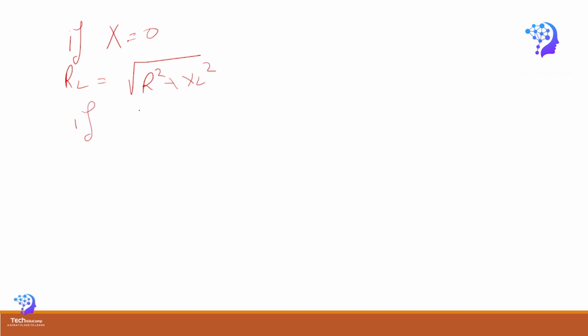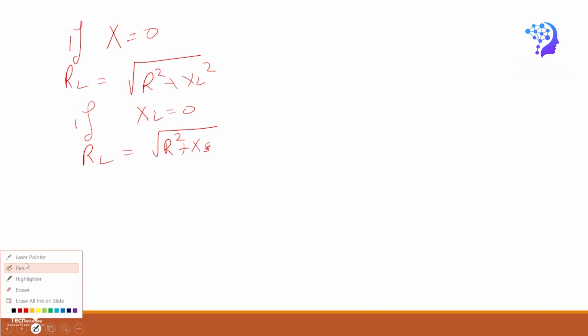And if my XL is equal to 0, my RL will be under root of R square plus X square. And this is equal to nothing but Z.